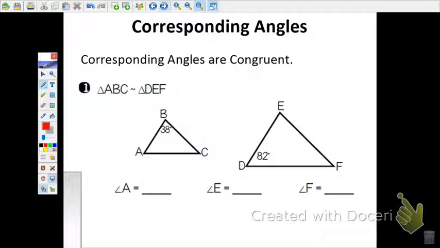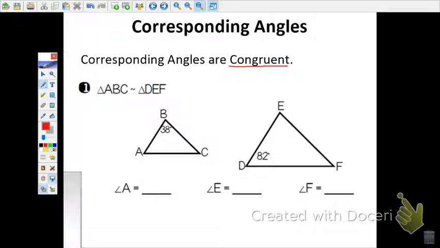So if you take a look then at the next flap, corresponding angles up at the top. For corresponding angles, you need to fill in that word congruent. Even though we are talking about similar polygons, they're not the same size, their corresponding angles are still congruent.